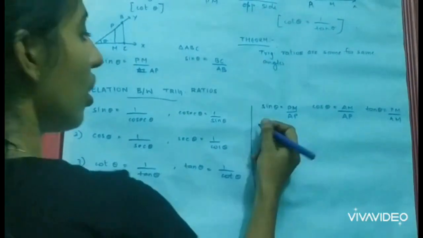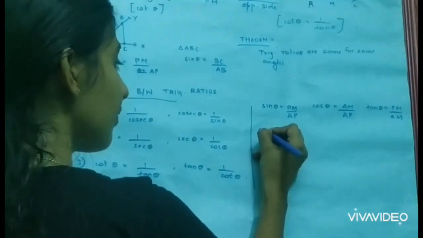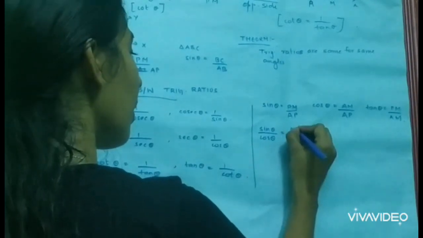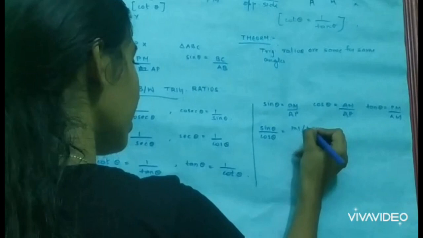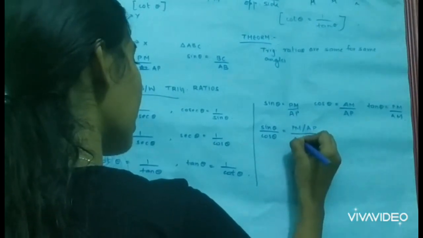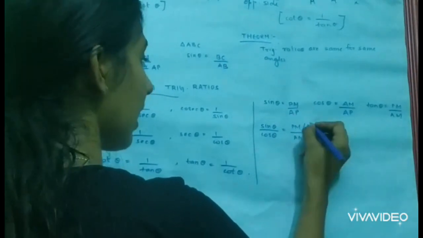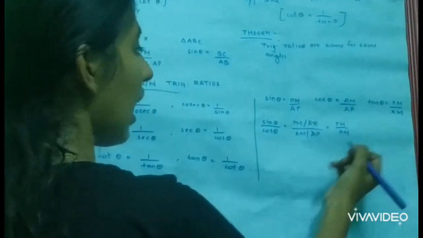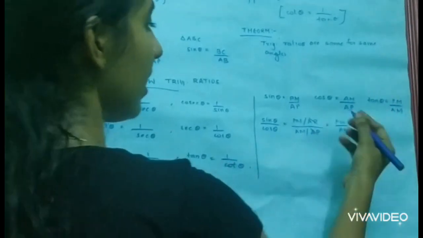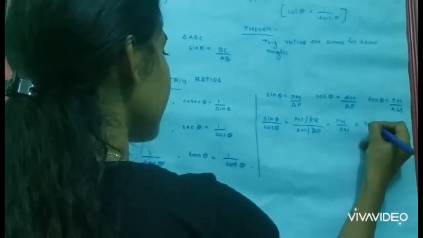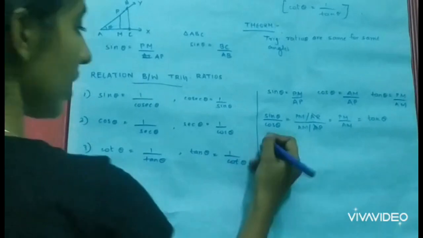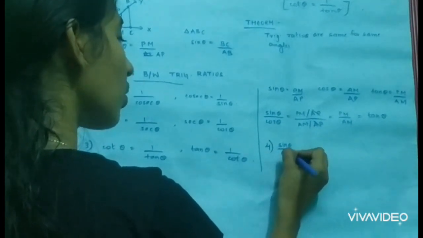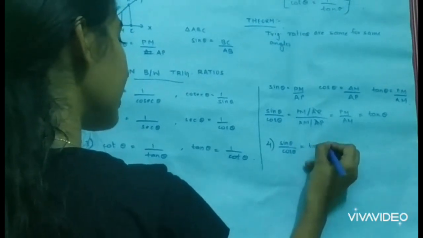Considering sine and cos, if we divide sine theta by cos theta, we get PM by AP divided by AM by AP. AP gets cancelled, therefore PM by AM. And PM by AM is actually tan theta. And here comes the fourth relation, that is sin theta by cos theta is equal to tan theta.